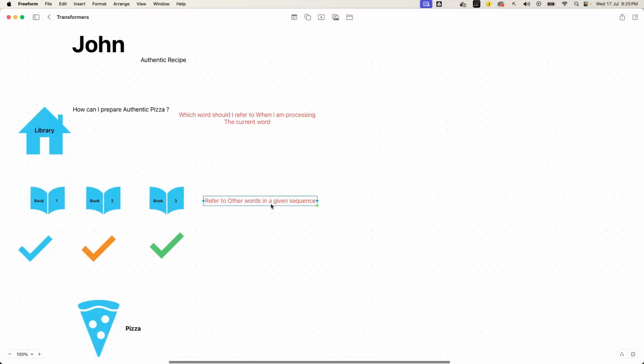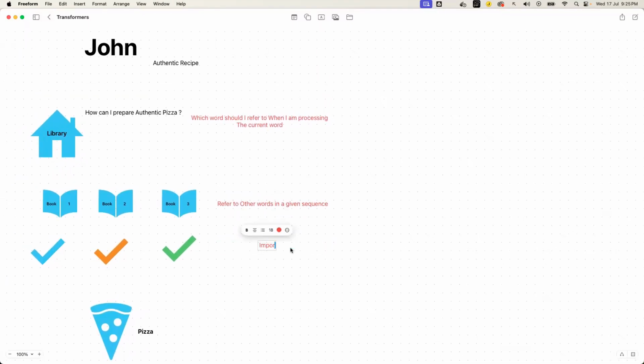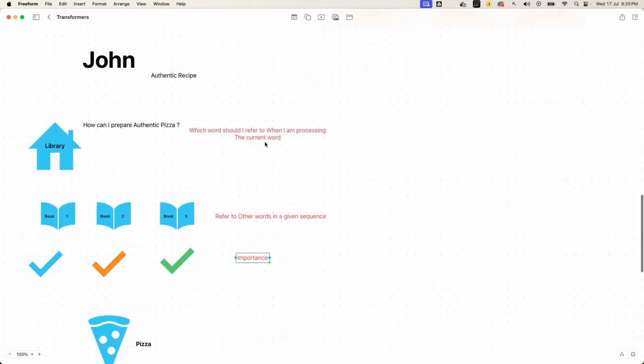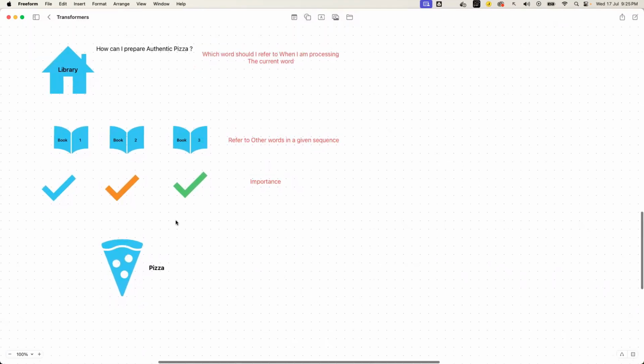From each of those words, it will get the importance that is relevant for my current word. Then finally, just like he added all the information, at the end we would add everything together.